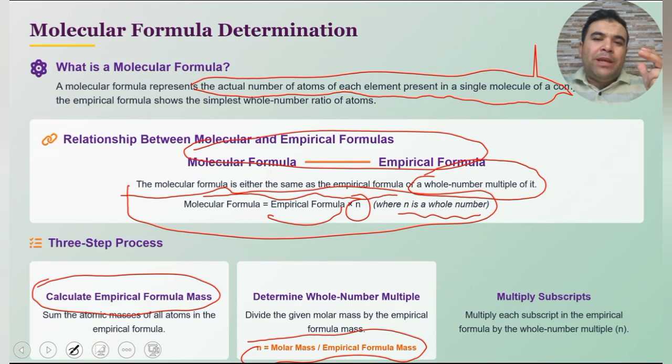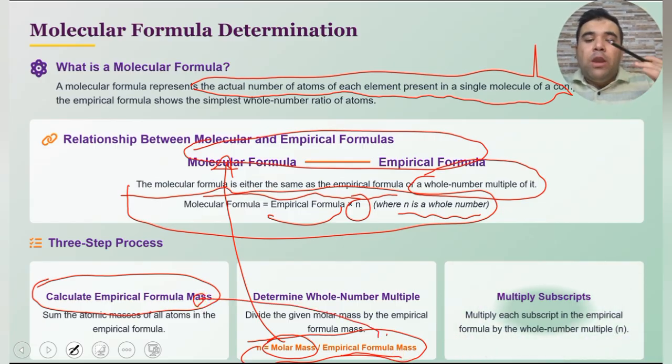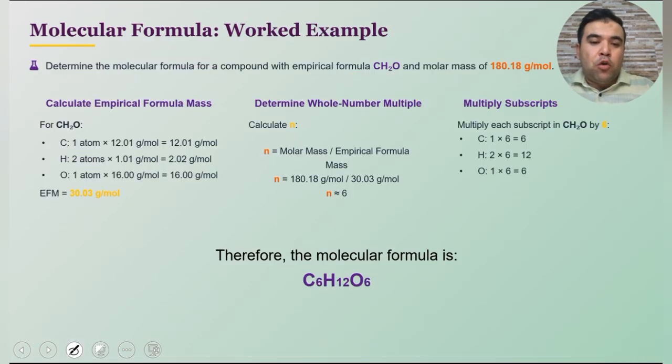N should be calculated from what? The molar mass of the molecular formula, divided by the empirical formula mass, which we have calculated in step 1. And then when we perform this calculation, we will be calculating n and then multiply the n by the empirical formula. You will get the molecular formula.